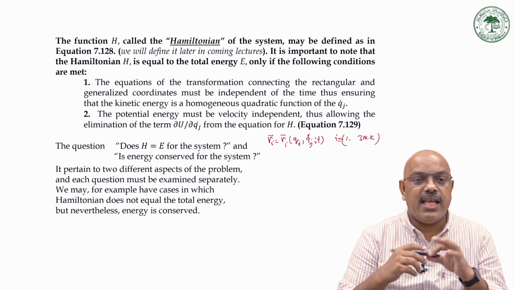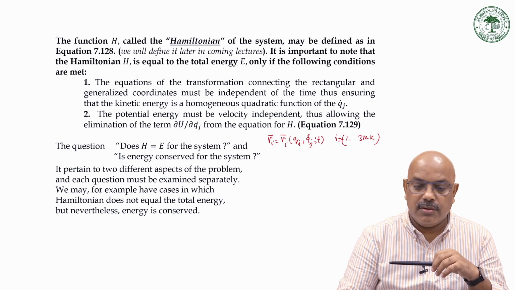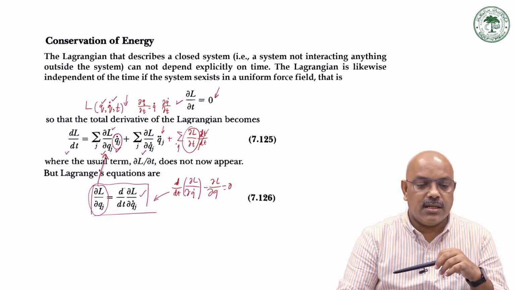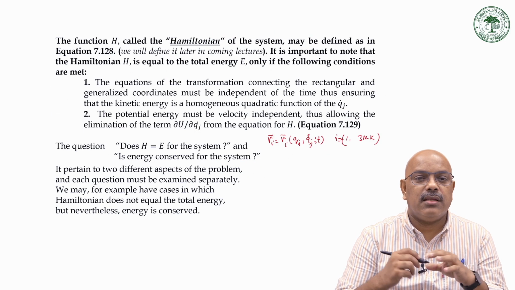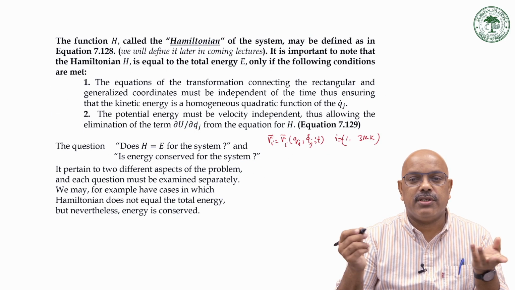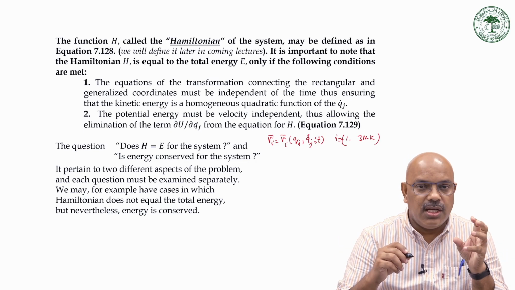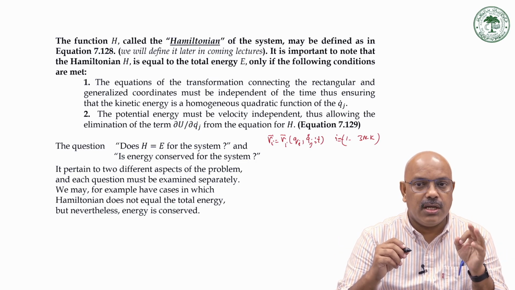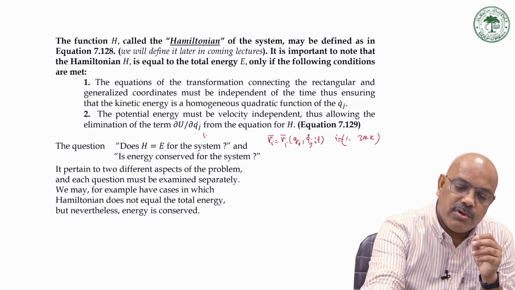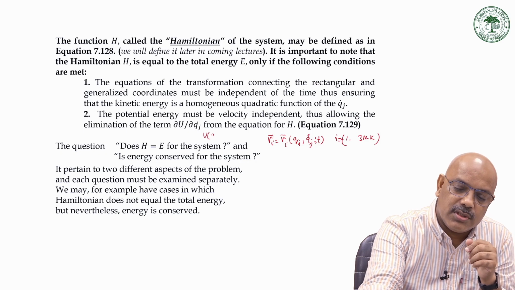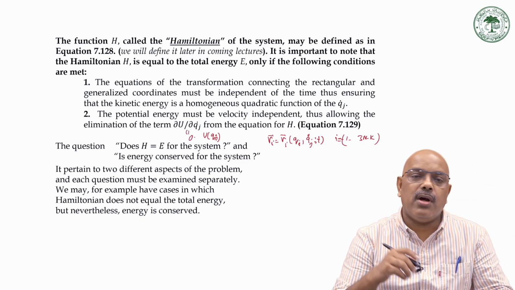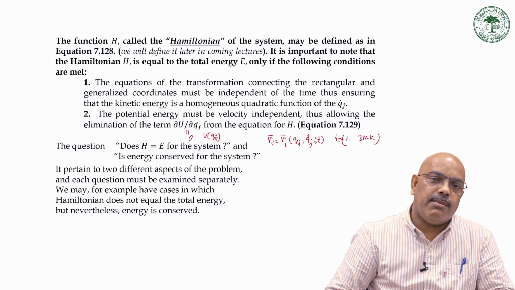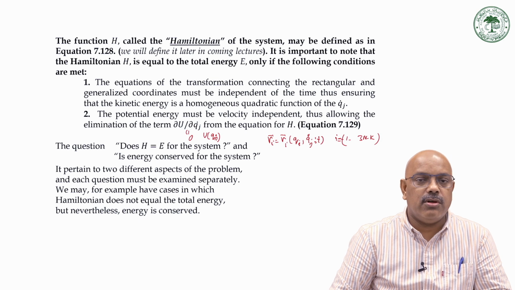The second thing that we demand is that the potential energy must be velocity independent. So U is not depending upon q dot, it is only depending upon q_i, not depending upon q_j, so this is going to be 0. Under these two conditions, my Hamiltonian is going to be constant and that is going to be the total energy.